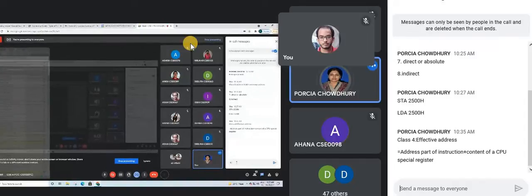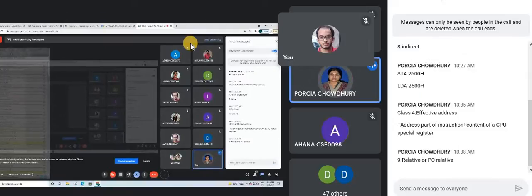So up to 8 we have done register indirect. Now 9. The 9 is basically relative address mode or PC relative address mode. We already know that PC stands for program counter.